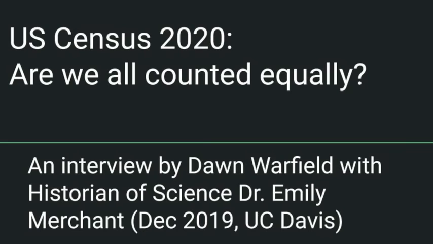The Census Bureau is legally restricted from sharing that information with any other branches of government. So no information can be used to prosecute you or to deport you.